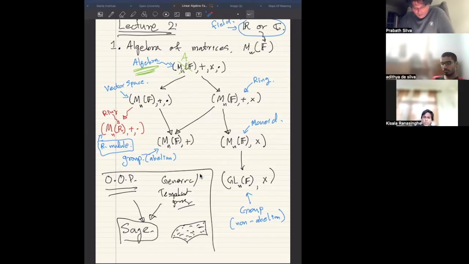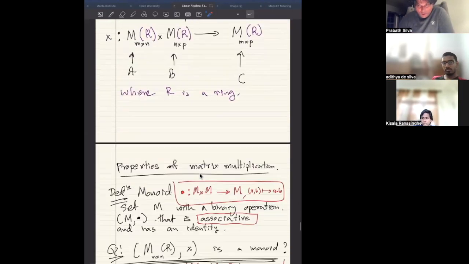Yeah, let's do that part too. But I have used matrices to introduce these other structures. Okay, so let's go back.